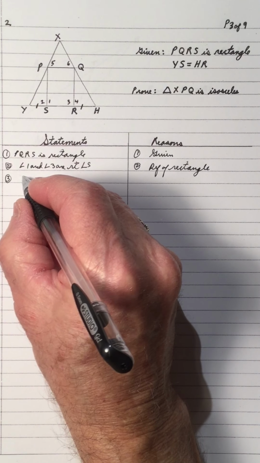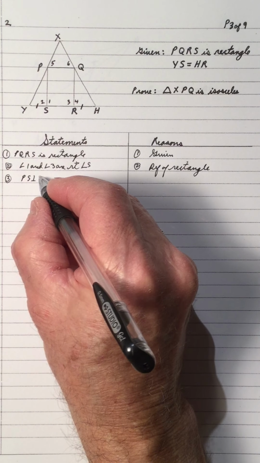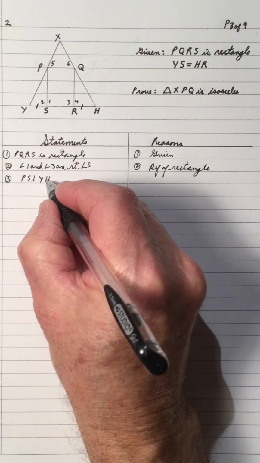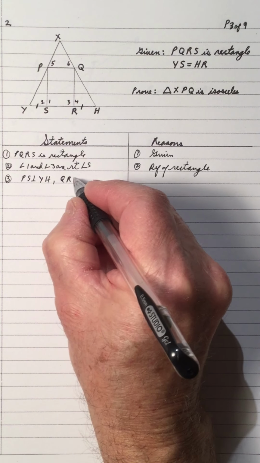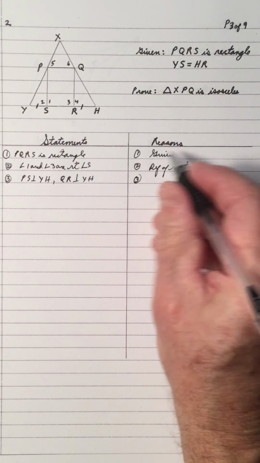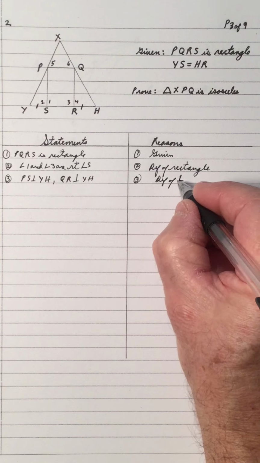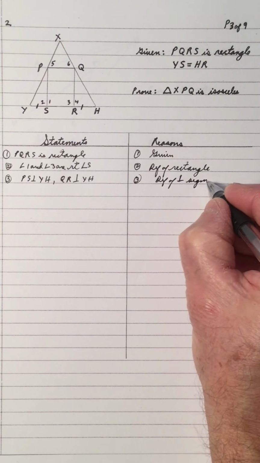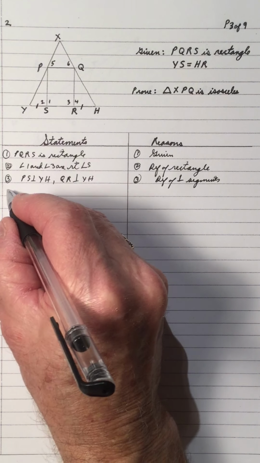And that means that PS is perpendicular to YH, and QR is perpendicular to YH. Definition of perpendicular segments or lines. If you've got right angles, the segments are perpendicular.